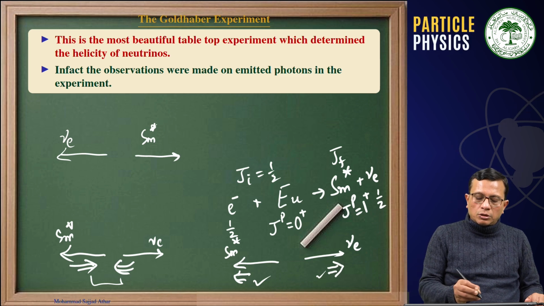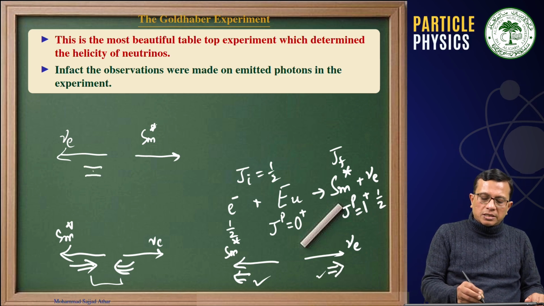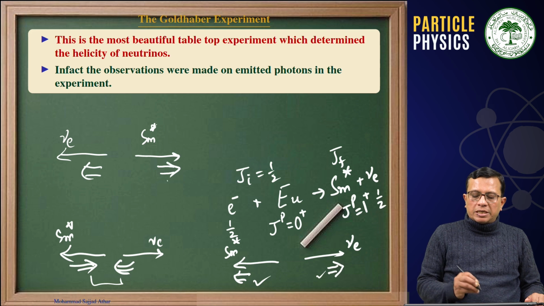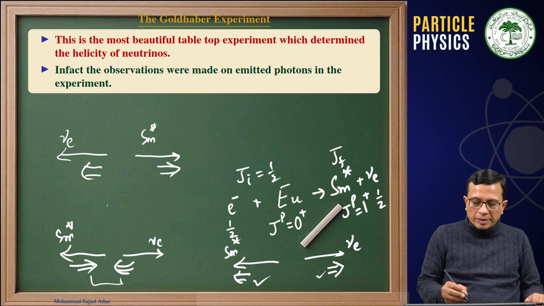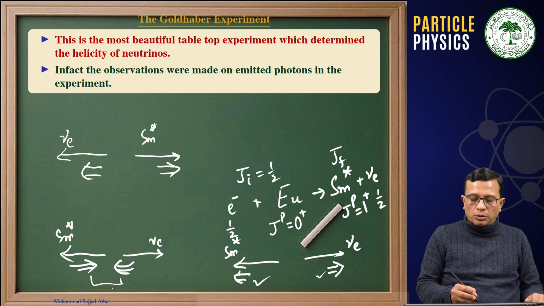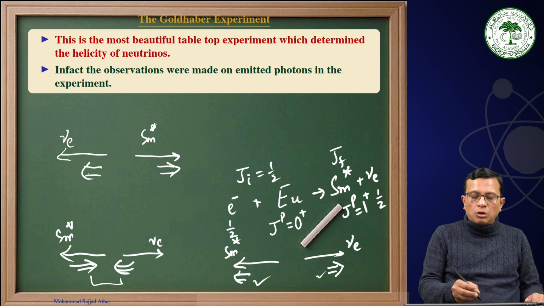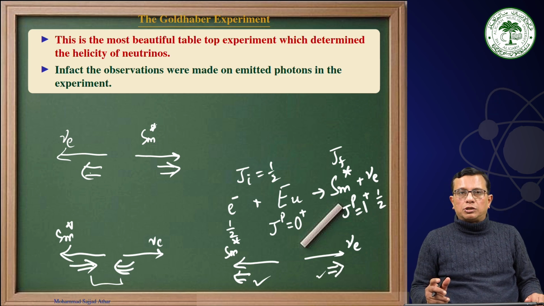Now here also, if you consider the angular momenta, either the angular momenta will be in exactly two opposite directions like this, or the angular momenta like this, which we have shown, will give us J equal to half.